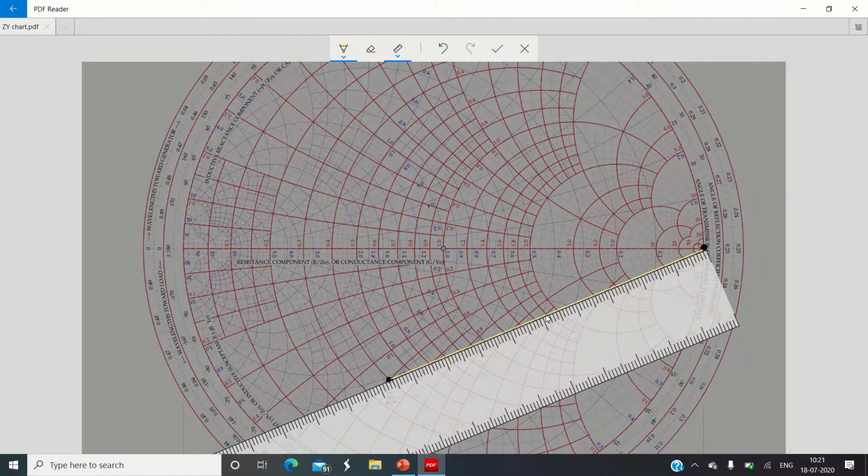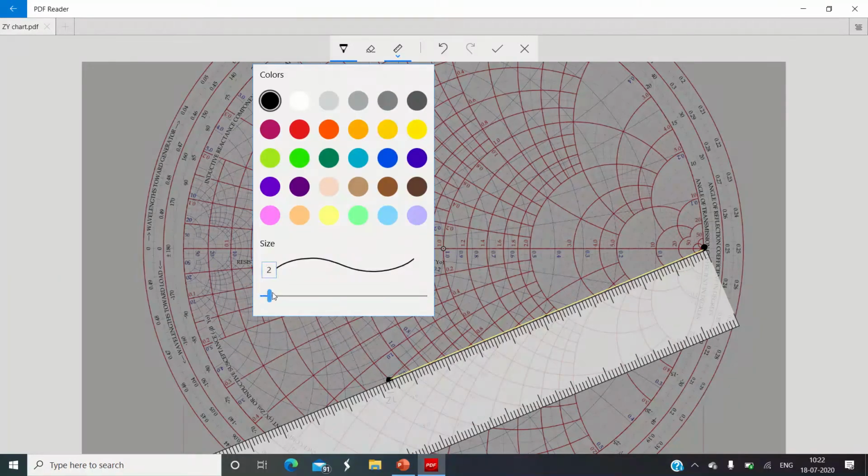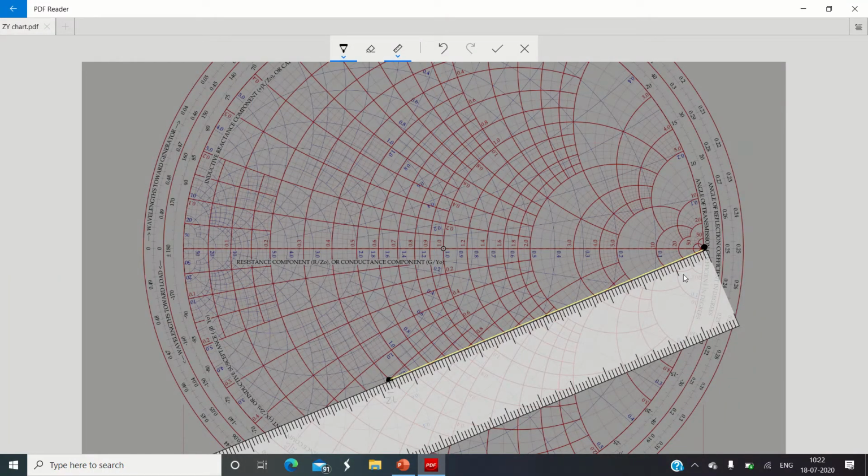Somewhere here. I will take some different color. 1, 2, 3, 4, and around 4.9 over here. I will increase the thickness so that I can plot. 1, 2, 3, 4, somewhere here.